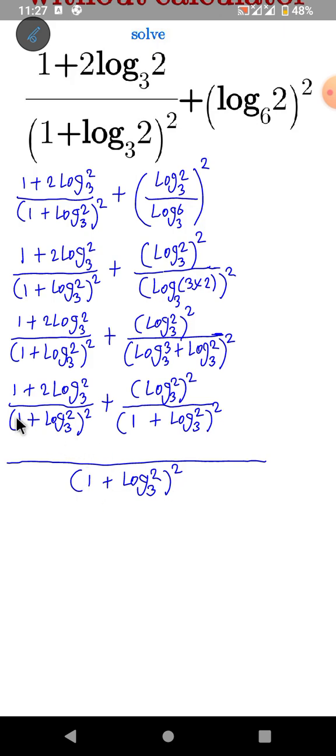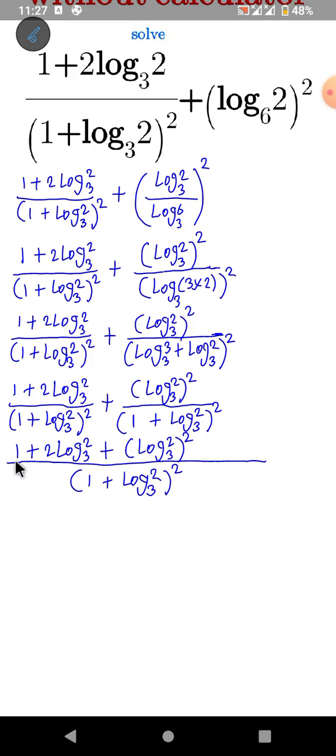Then this divided by this is 1. 1 multiplied by this, I'm going to get 1 plus 2 log 2 base 3. Then plus this divided by this is 1. 1 times this, I'll get log 2 base 3 all raised to the power of 2.